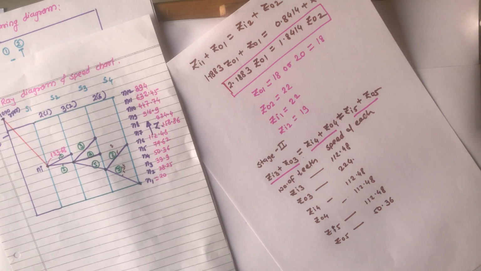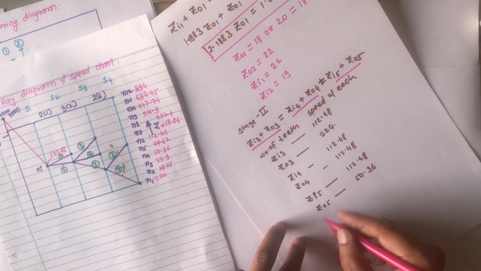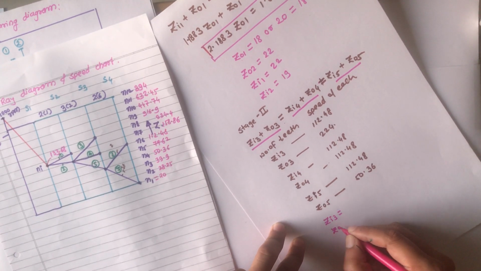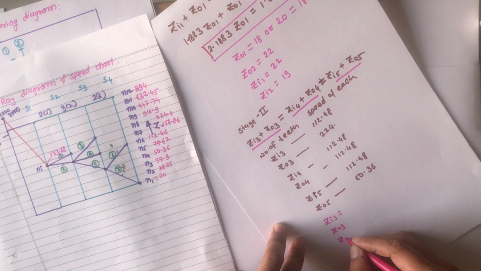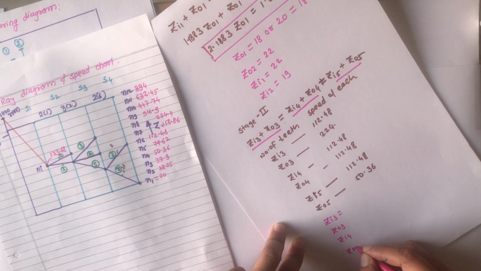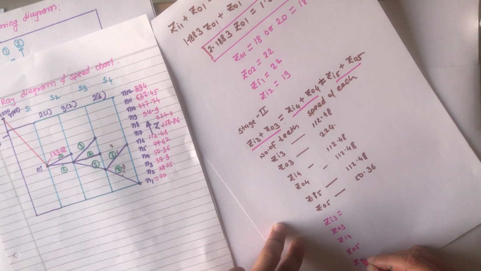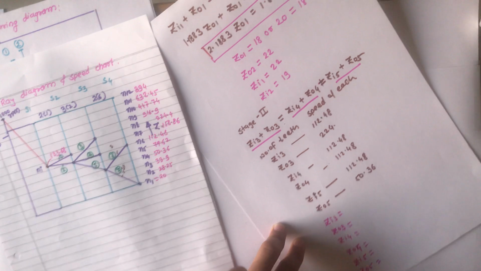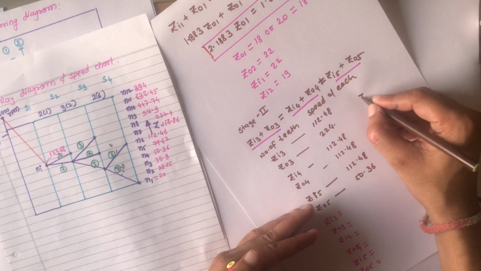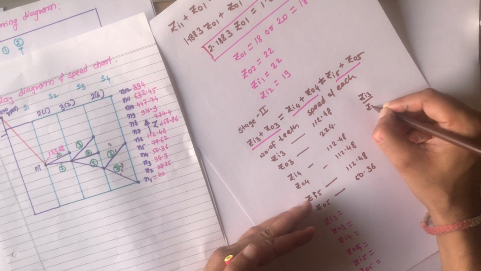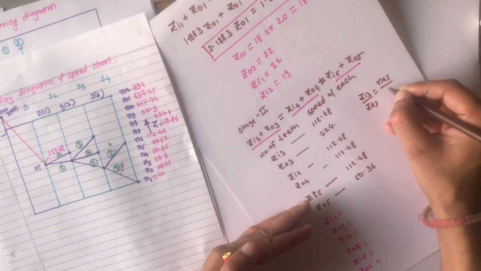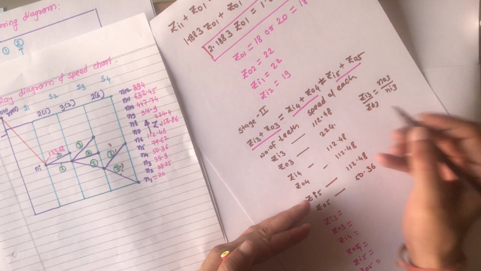Similarly find out Zi3, ZO3, Zi4, ZO4, Zi5, ZO5. Find the number of teeth by these formulae: Zi3 upon ZO3 is equal to NO3 upon NI3, which are the speeds.